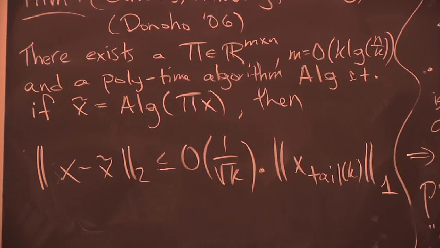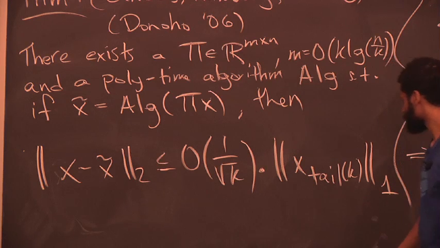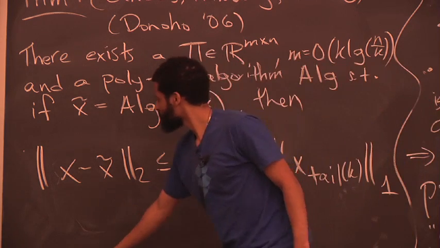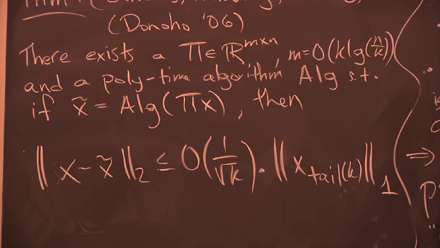Okay. If x actually is k sparse, then this error is 0. If it's close to k sparse, the error depends on basically how big the tail is. And you get away with a number of measurements that primarily depends on k. You have an extra log factor, log n over k.